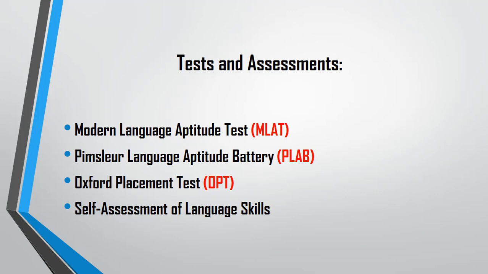The PLAB evaluates auditory ability, memory, and analysis of sound patterns. And the Oxford Placement Test is often used by language schools and institutions. It assesses a learner's grammar and vocab knowledge to determine their appropriate language proficiency level.